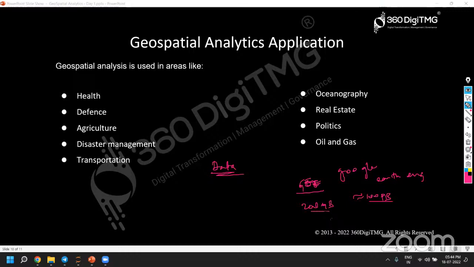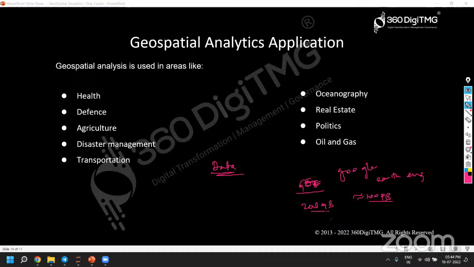And thanks to GeeMap or a GEE account, we will get all this publicly available data, and we can simply work with Jupyter notebooks. Simple Jupyter notebooks can be used for doing various transactions on that particular data. So that is one example.